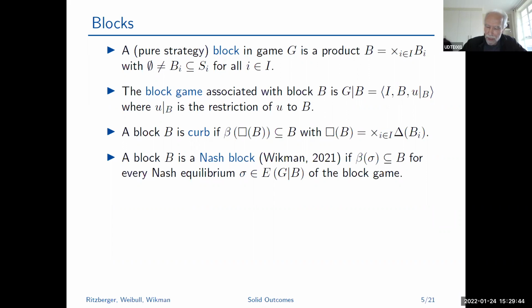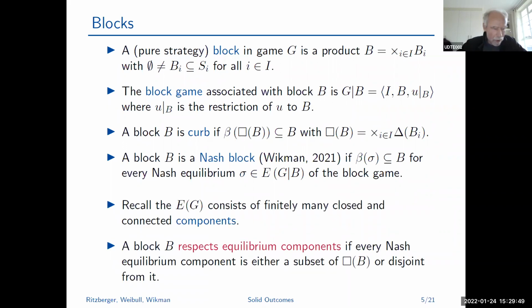All right, then next let me remind you of one structure of the set of Nash equilibria of finite normal form games, namely that the set of Nash equilibria consists of finitely many closed and connected components. I think the first one to claim that was Kohlberg and Mertens in the mid-80s.